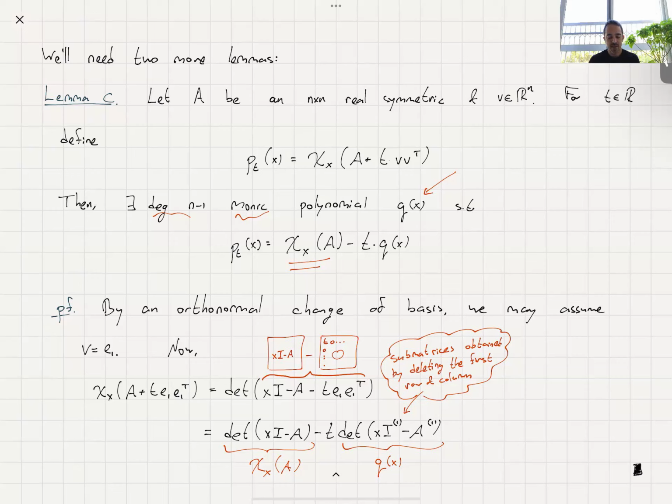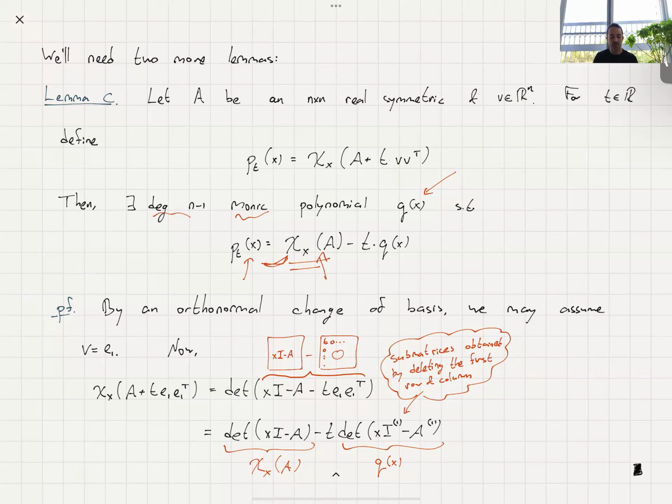What's kind of obvious is that the characteristic polynomial of A and P_t of x, which is also a characteristic polynomial, are monic polynomials in x of the same degree n. So when you subtract one from another, you get a degree n minus 1 polynomial. That's not the surprising part.